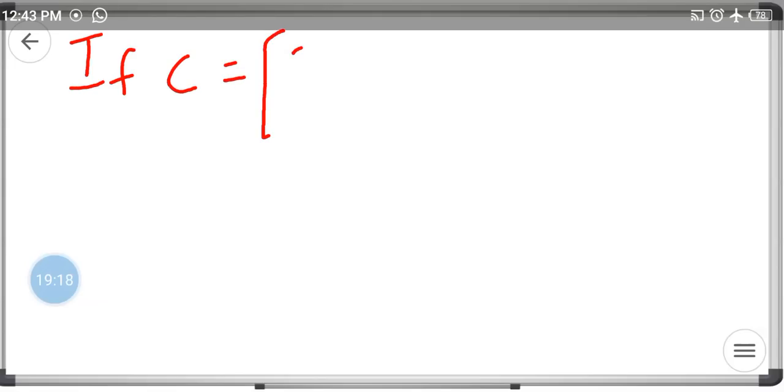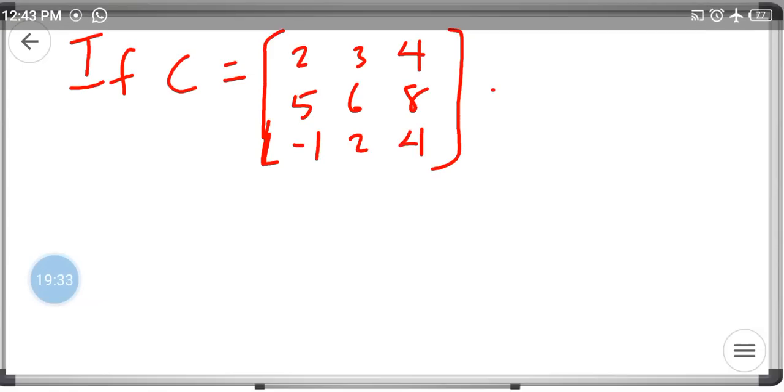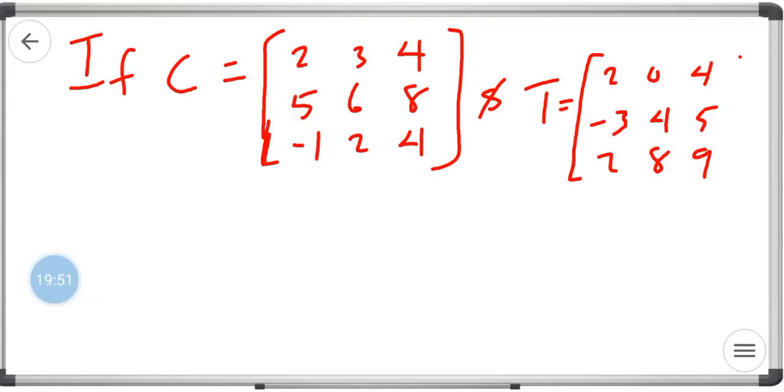Now, that's question 3. If C equals 2, 3, 4, 5, 6, 8, minus 1, 2, 4, that's our C, and T equals 2, 0, 4, minus 3, 4, 5, 2, 8, 9.